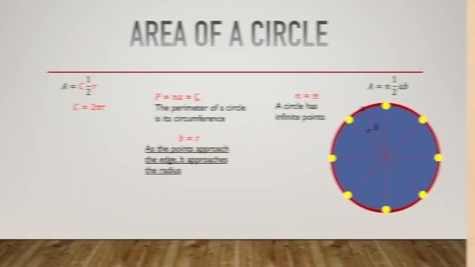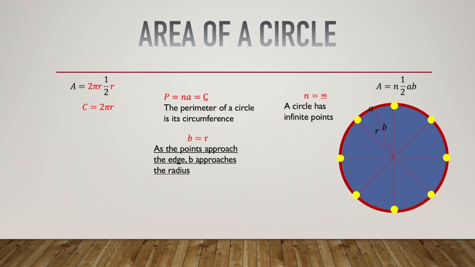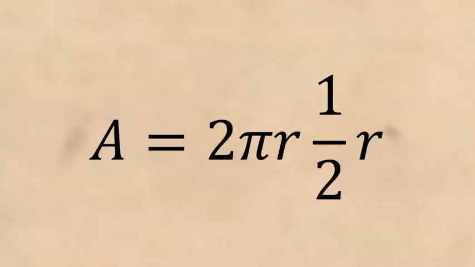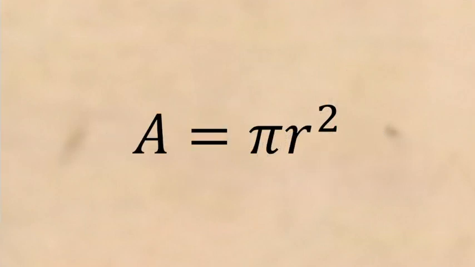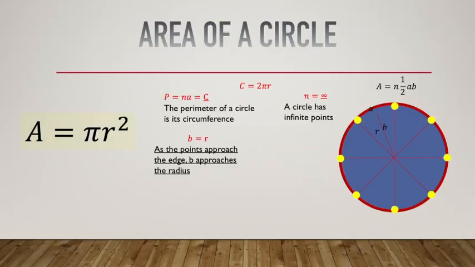You can substitute 2 pi r into our given formula, having the area equate to 2 pi r multiplied by half r. 2 and a half cancel out, leaving us with the formula that we all know and use today, pi r squared. This completes our proof for the area of a circle.